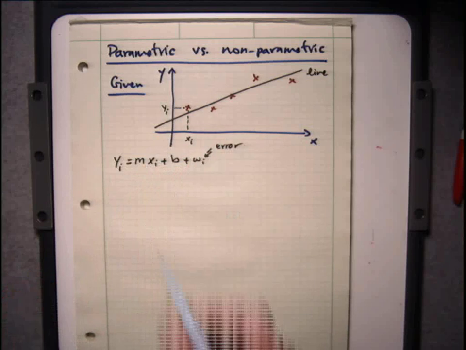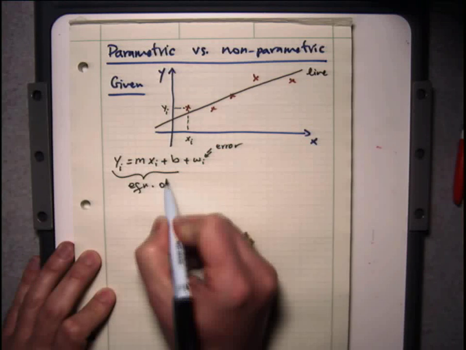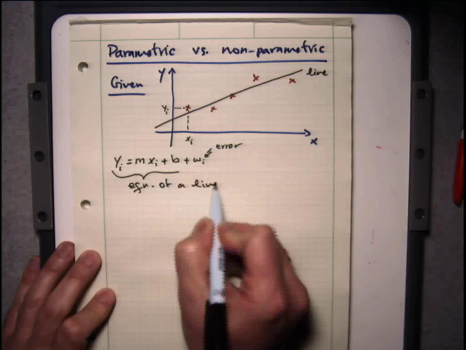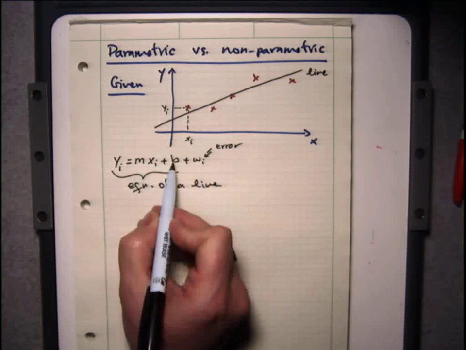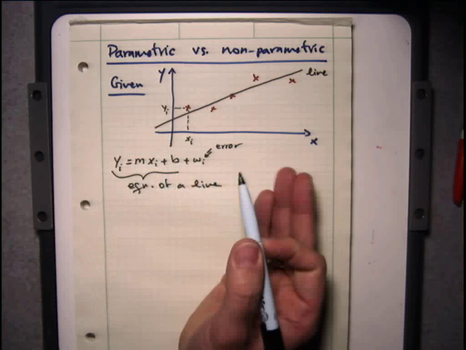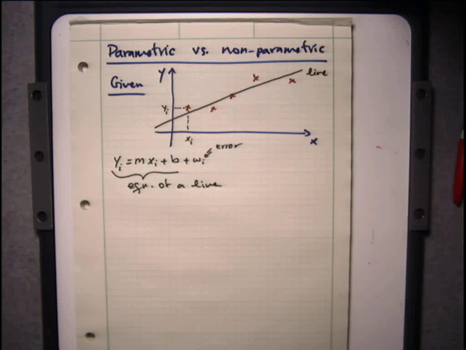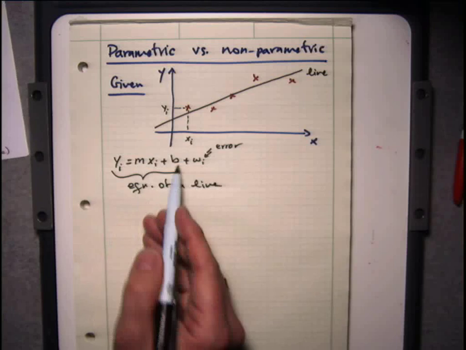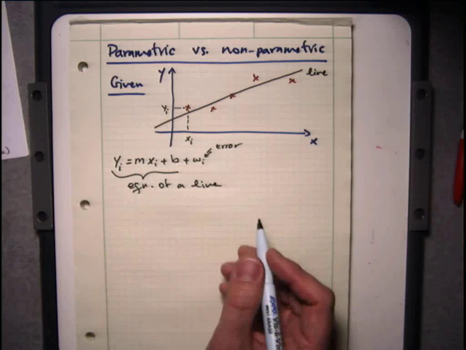Okay, so this part here is the equation of a line, right? And the idea is that m and b are not known. This is the slope, and that's the intercept for this line. I don't know what they are. So I'm going to estimate these coefficients m and b. There's lots of different ways to do it. One of them would be to do least squares, for example.